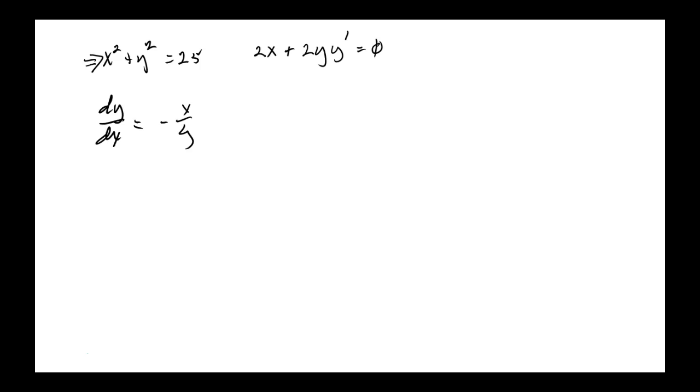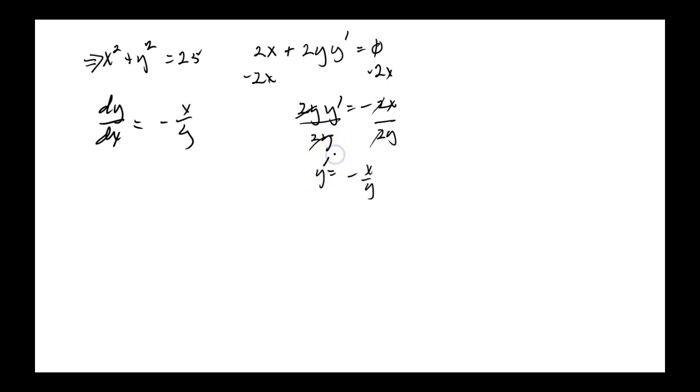Now, let's solve for y prime, and what do we get? Subtract 2x from both sides, and you get 2y prime is equal to minus 2x. And divide both sides by 2y. And that gives you y prime is equal to, the 2's go out, minus x over y.